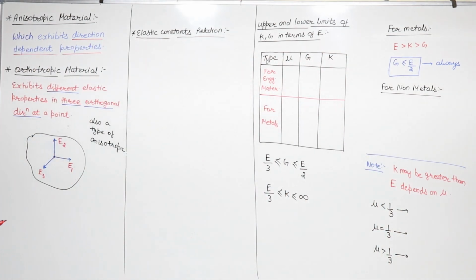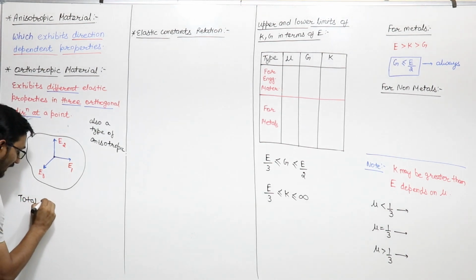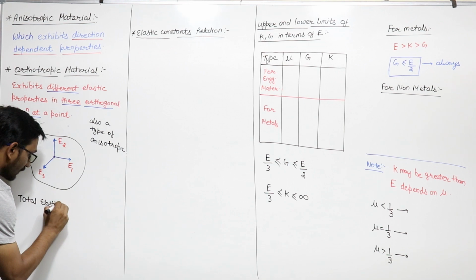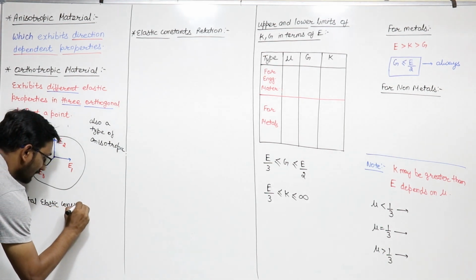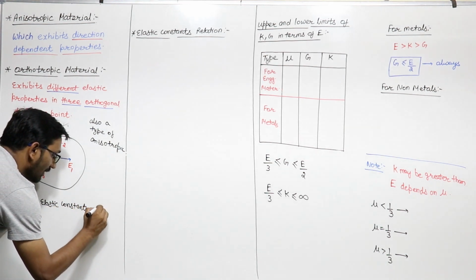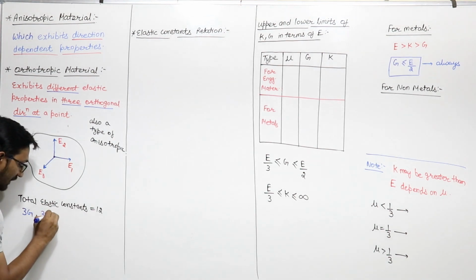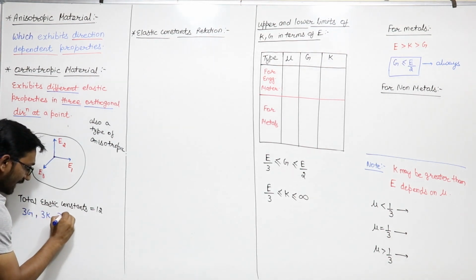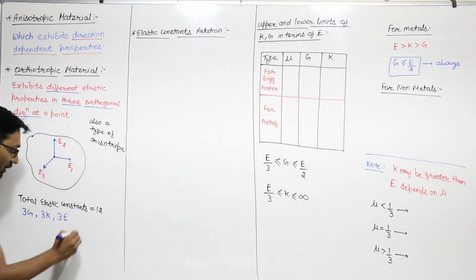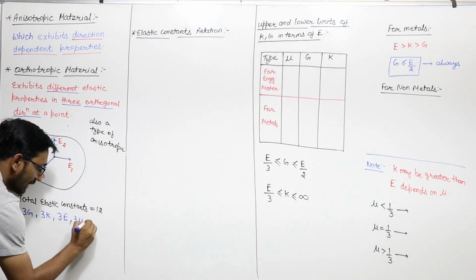that is 12. In this case, total elastic constants are 12, right? How? In all the 3 directions we have 3 modulus of rigidity, 3 bulk modulus, 3 elastic modulus or Young's modulus, and 3 mu.